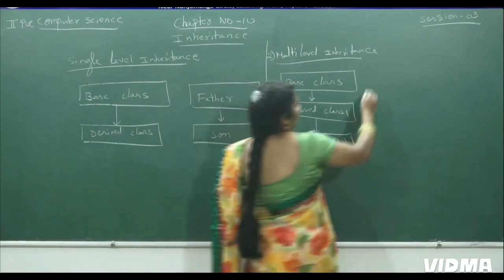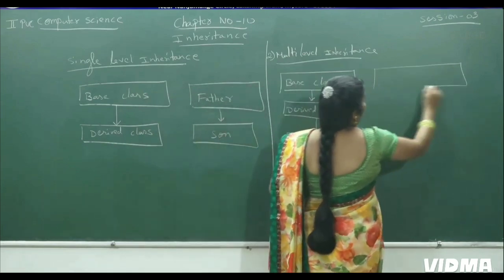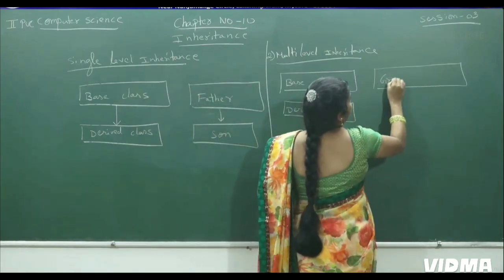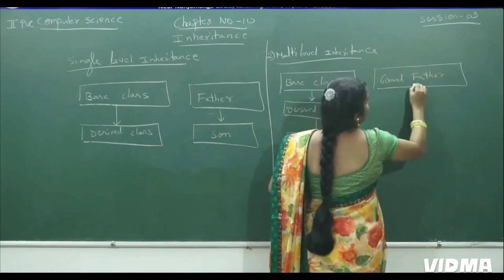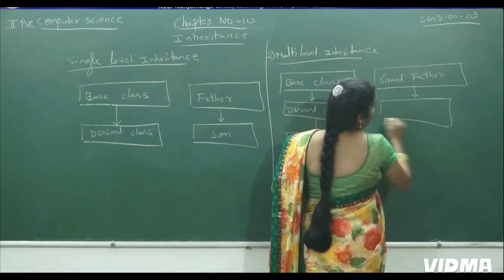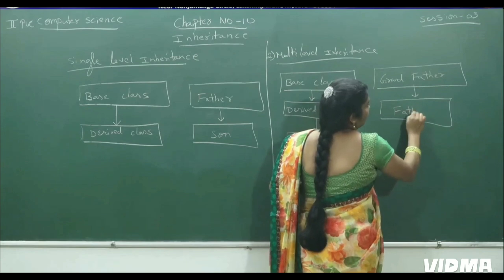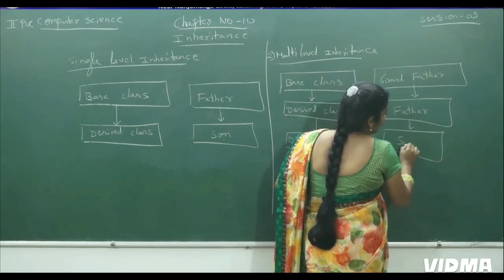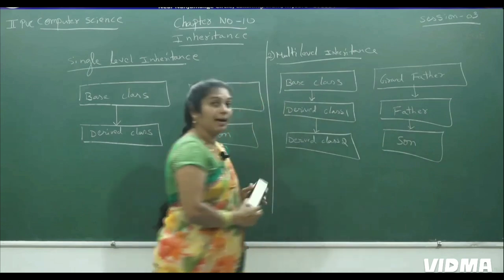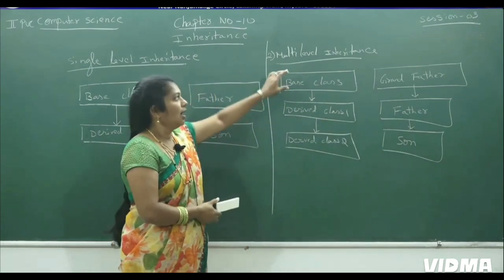This I am going to explain with an example. For example, we have grandfather. Grandfather's properties are transferred to father. From father, the properties are transferred to son. That is multi-level inheritance.